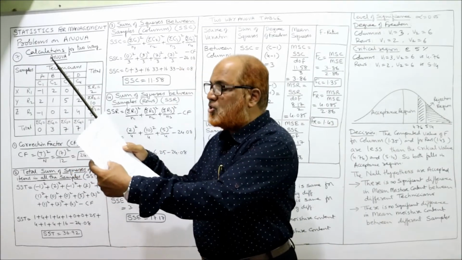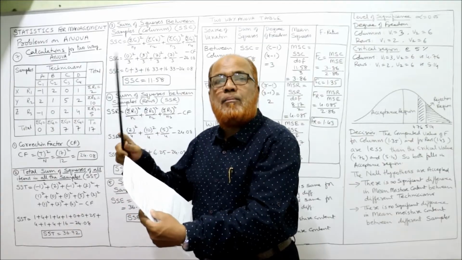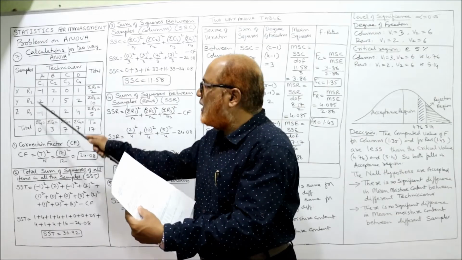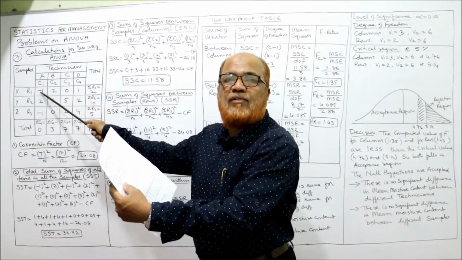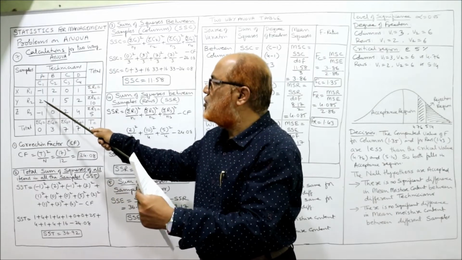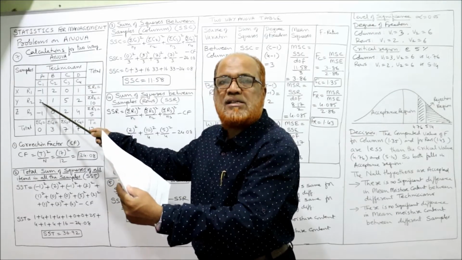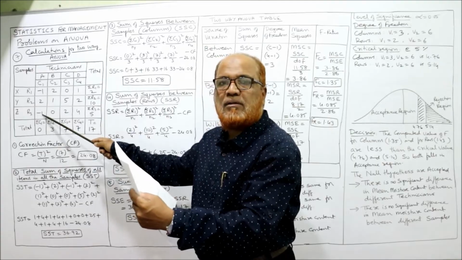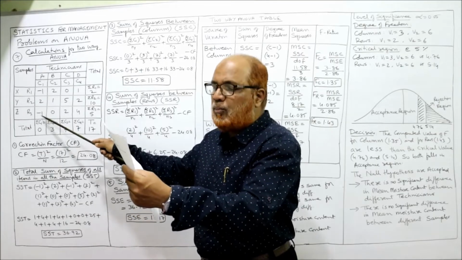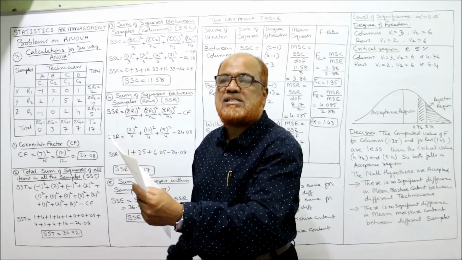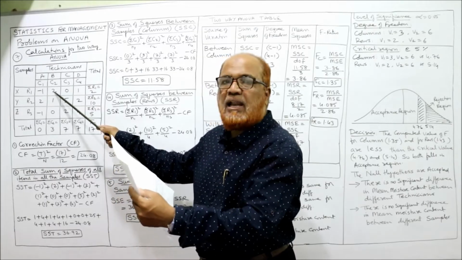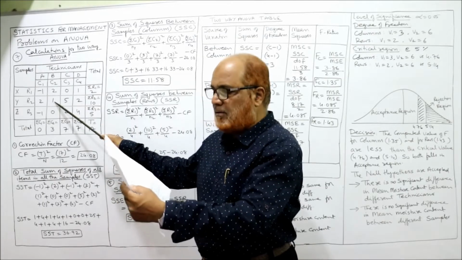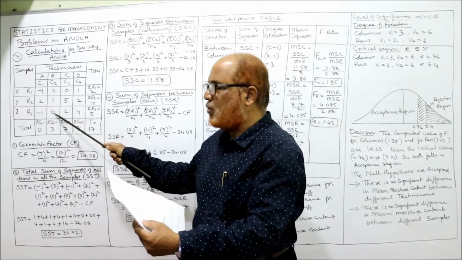First, technician A. What are the values of technician A? 9 minus 10, you will get minus 1. Secondly, 12 minus 10 is 2. Then again 9 minus 10 is minus 1. A is over. Now B: 12 minus 10 is 2, then 11 minus 10 is 1, 10 minus 10 is 0.